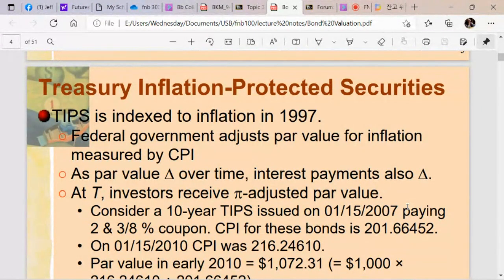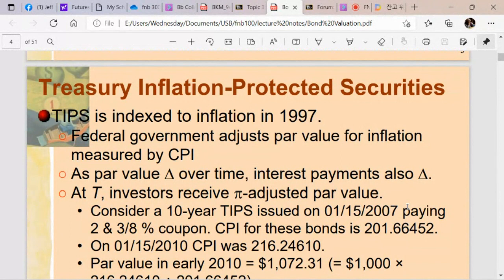The Producer Price Index is mainly for manufacturers, because the basket of goods used to measure the index is quite different from CPI. CPI is mainly consumer oriented, PPI is producer oriented. But for most people, CPI obviously is more relevant.